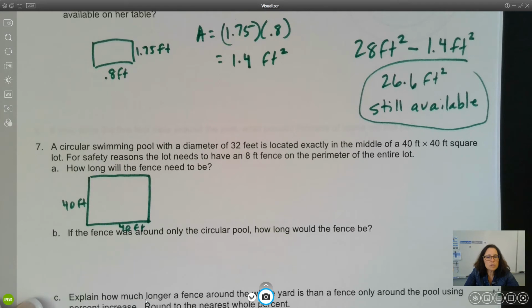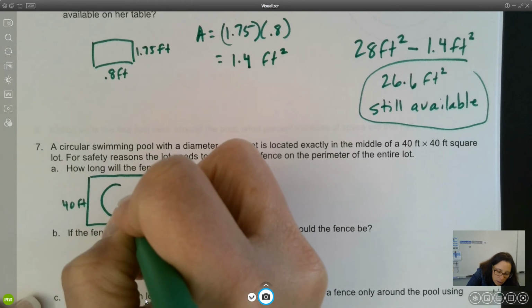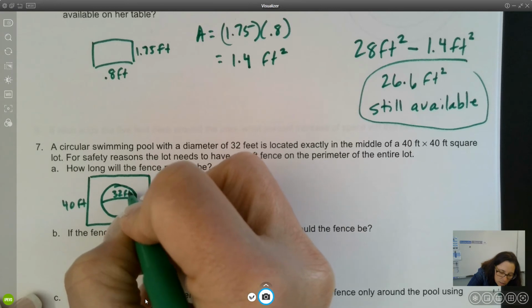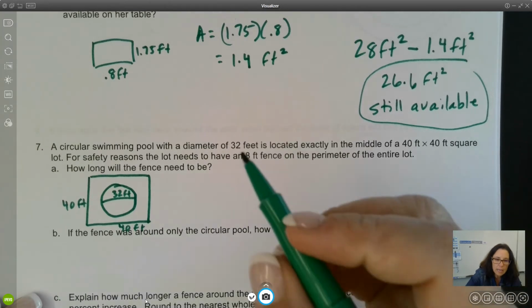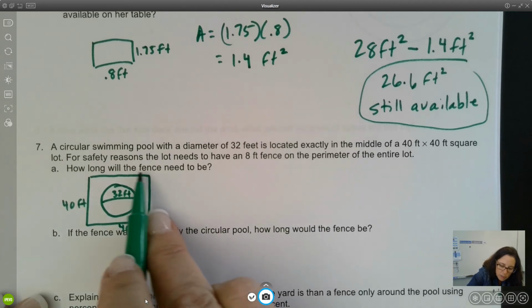We have a circular swimming pool in the center. The diameter is 32 feet. Then it says the lot needs to have an 8-foot fence on the perimeter of the entire lot. How long will the fence need to be? Okay, so the fence around would be 40 plus 40 plus 40 plus 40.